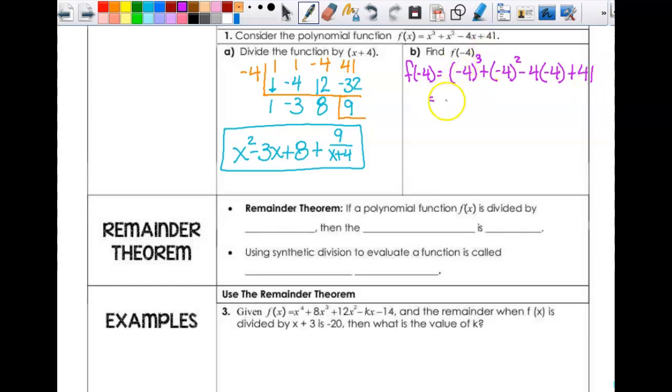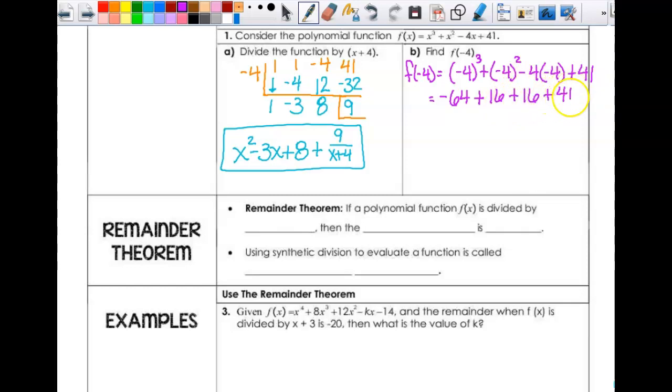So negative 4 cubed. First of all, will that number be positive or negative? Negative. Okay. So negative 4 times 4 is 16. 16 times 4 is 64. Good. So I got a negative 64 plus negative 4 squared is a positive 16. Then negative 4 times negative 4 is also a positive 16.